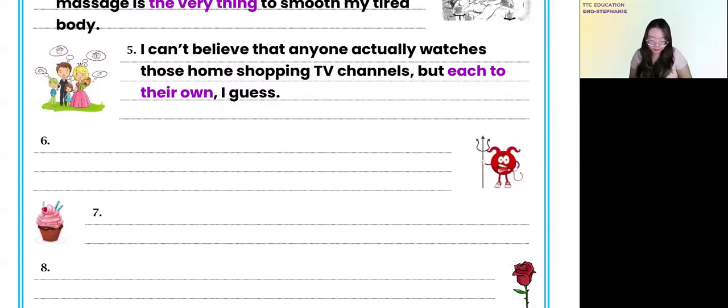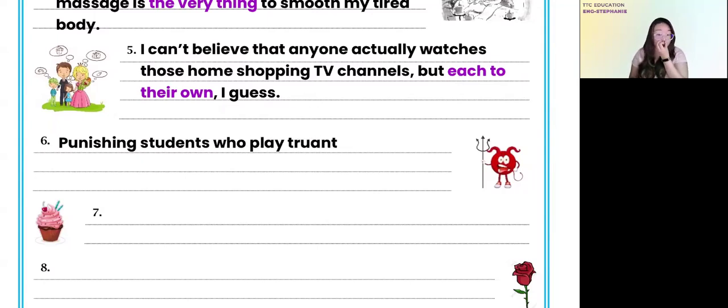All right. So this one, I can't believe punishing students who play truant. Okay, play truant means skipping school. Play truant, it's a necessary evil.